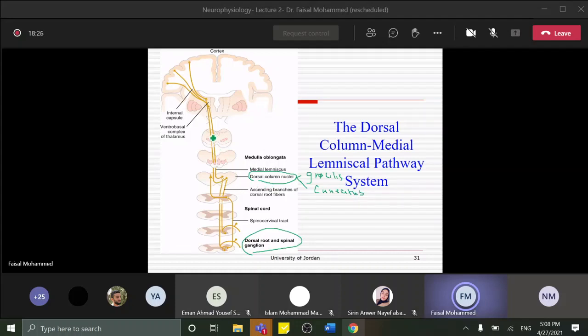From there they cross and ascend as the medial lemniscus, go to the ventrobasal complex of the thalamus, and then to the cerebral cortex. Where in the cerebral cortex?